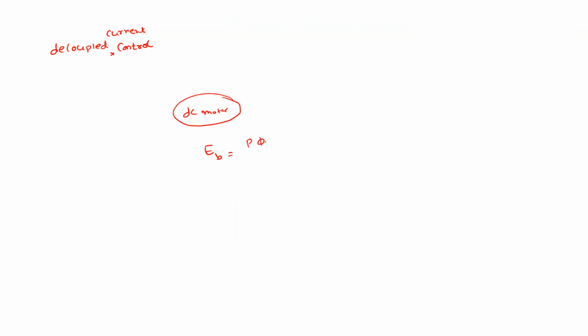E equals P phi N Z by 60A, right? Agree? So from this, what relation can be obtained between the flux and N? N is proportional to 1 by phi. Agree?